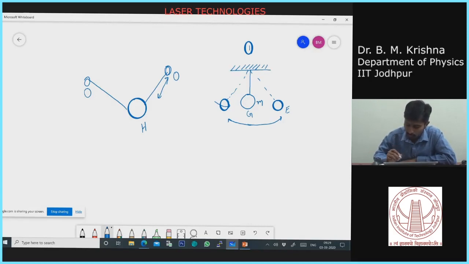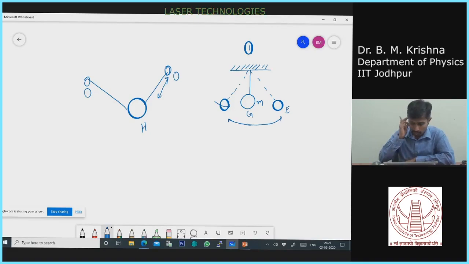If you apply a small force or energy, give it a small energy, it will oscillate from its mean position. That means the system is in the excited state. How long can it be there? It cannot be forever. It has to come back to the mean position. That is a stable position or equilibrium state.